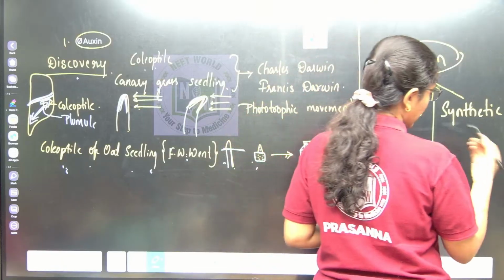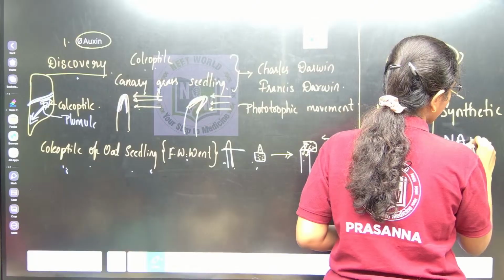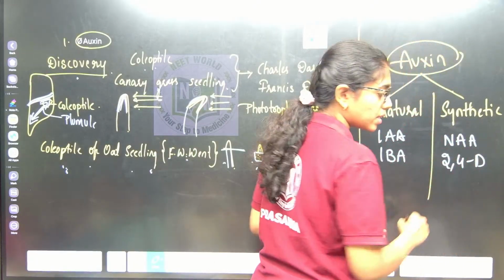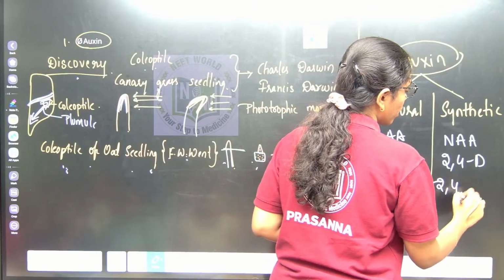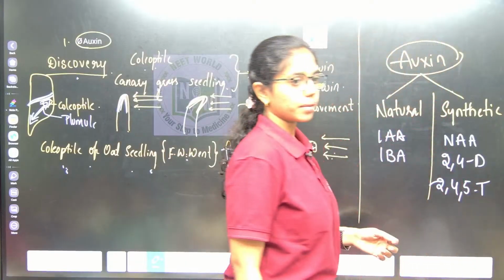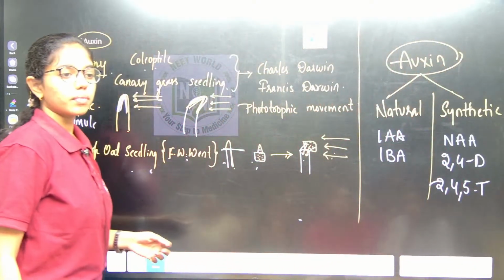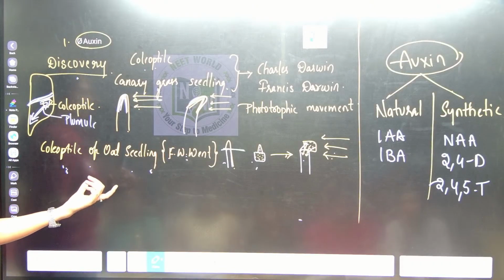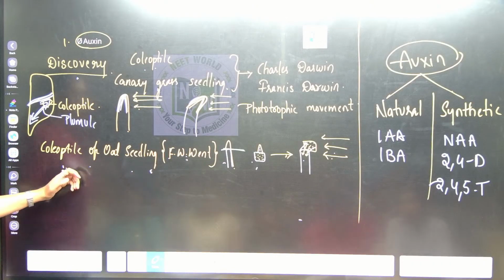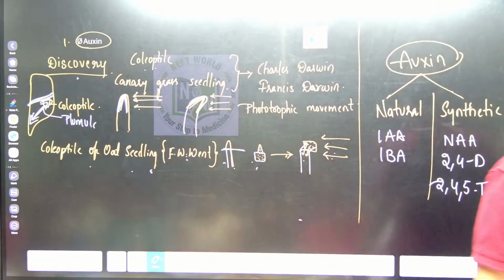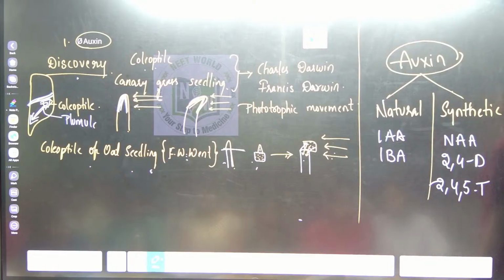Synthetic auxins include naphthalene acetic acid, 2,4-dichlorophenoxyacetic acid, and 2,4,5-trichlorophenoxyacetic acid. Clear? These are the natural and synthetic auxins. If you are done with this, we will move on to the physiological functions of auxins and applications or uses of auxins.